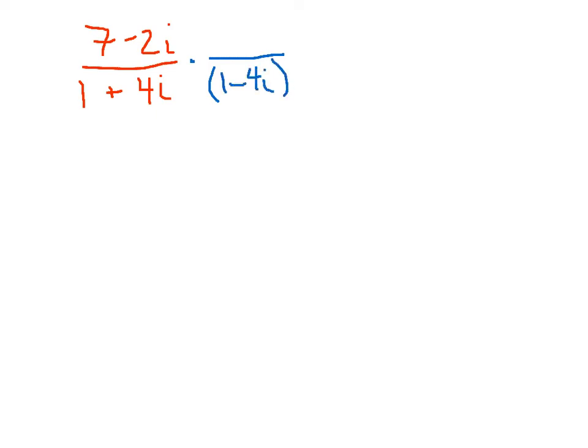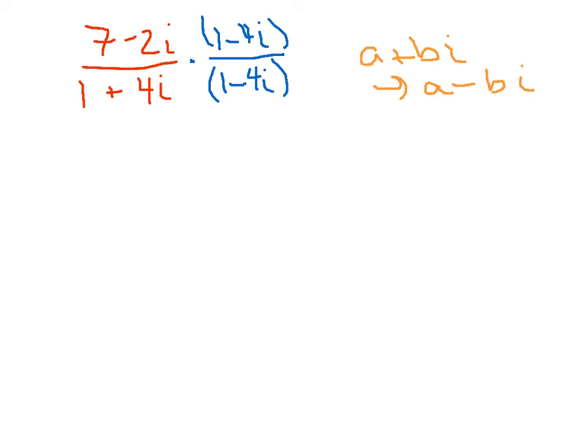So we did that by multiplying by the conjugate of the denominator, and that's what we're going to do here. And the conjugate of the denominator is 1 minus 4i. And conjugates in complex numbers will look like this. If you have an a plus bi, the conjugate of that is a minus bi. And you have to be careful here because the imaginary part needs to have differing signs.